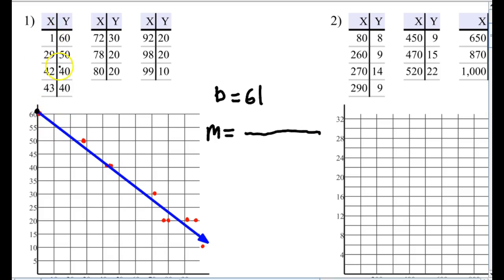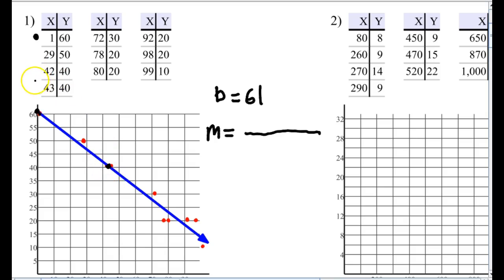So I could use, let's see here, something looks pretty good. Yeah, I'm going to have to estimate a little bit. You know, right about here, these points are right on my line. So I can use that one, and I think I can use this one as well. So I'm going to use a few of the points that are already on there.